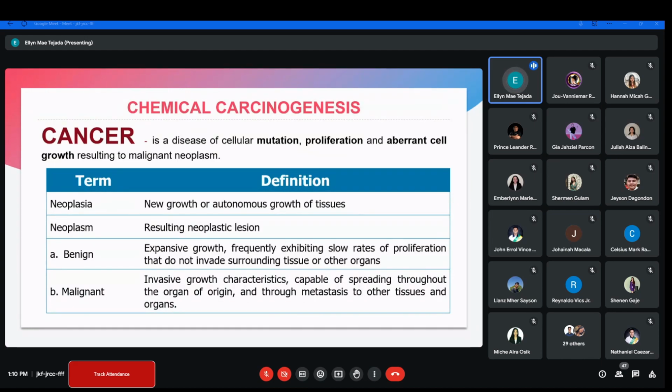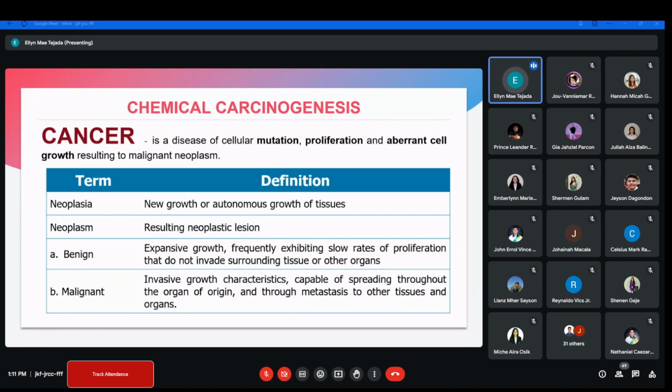For benign, these are lesions characterized by expansive growth, frequently exhibiting slow rates of proliferation that do not invade surrounding tissue or other organs. Of course, in contrast to that is the malignant neoplasm.